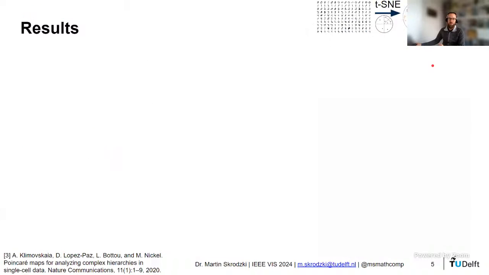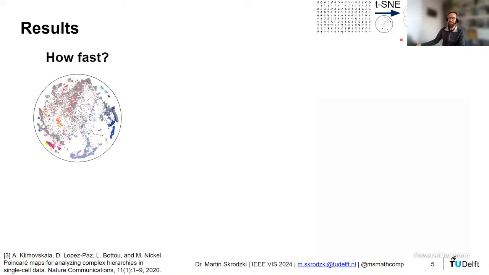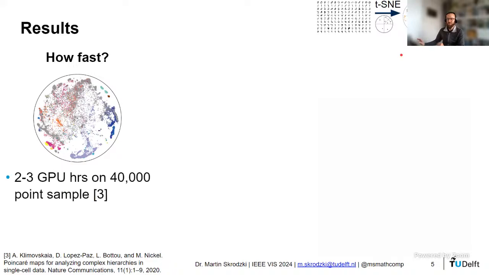Now, for a couple of results, I can already hear some questions coming from the audience. How fast is this now? How much do we gain? Well, for this data set here, that's a data set on the C. elegans data, the original embedding was computed by Klimakovskaya et al. in their Poincaré maps paper, and it took them 2 to 3 hours on the GPU, and they didn't even embed the full data set.